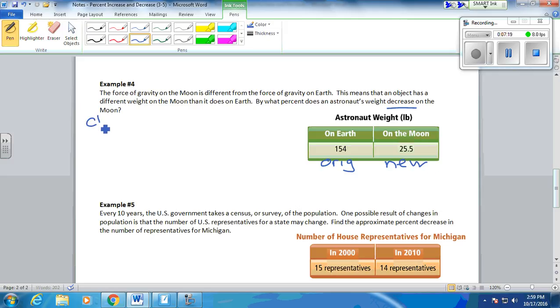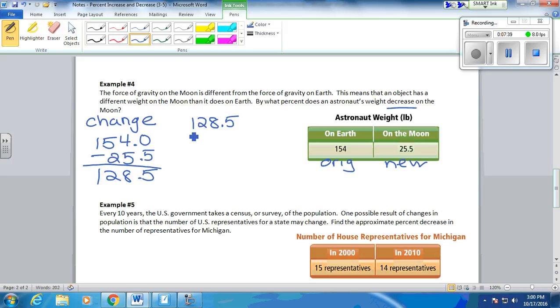So again, you have to figure out our amount of change, and our amount of change would be 154, and I'm going to put that 0 there, minus the 25 and 5/10. That will get me 128 and 5/10. And so then again, the percent of change comes from taking 128 and 5/10, dividing by the original of 154, so it's always change divided by the original.